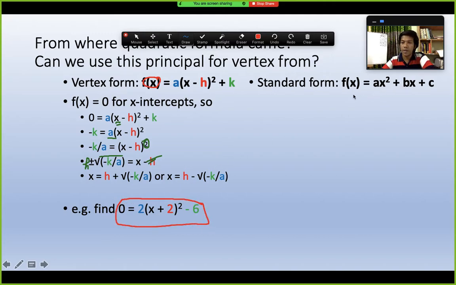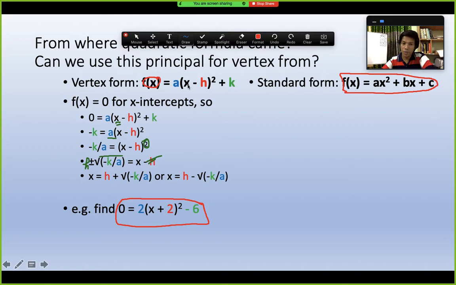The question was given like this: ax squared plus bx plus c. Which is why the formula coming here is very important. Let's look at this. But this is also a rule if the function is given in vertex form.